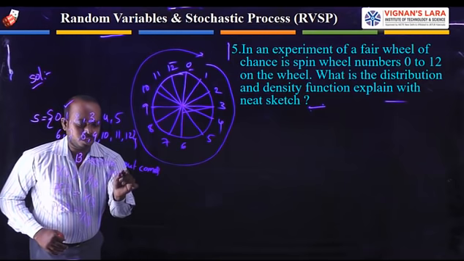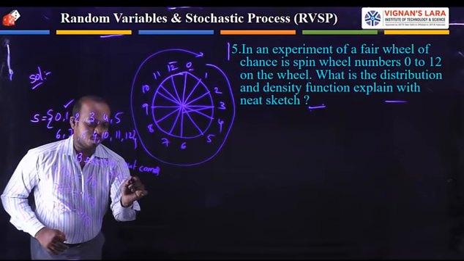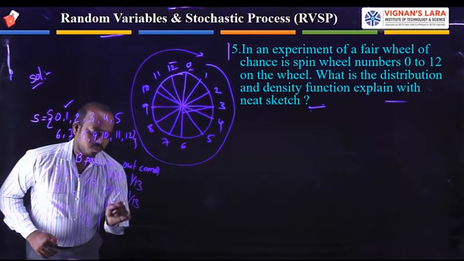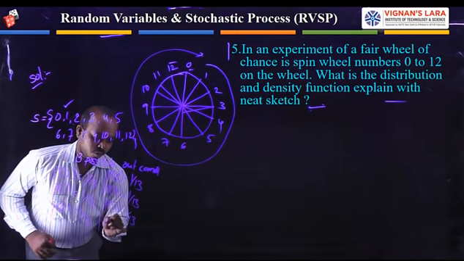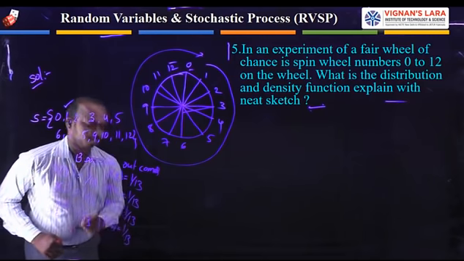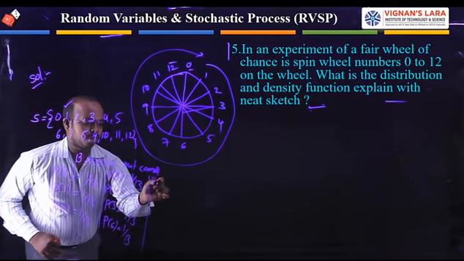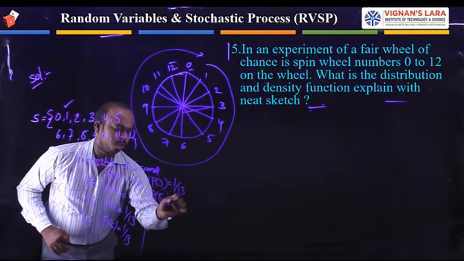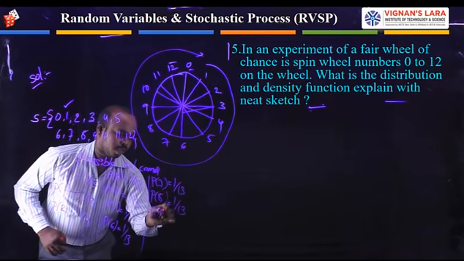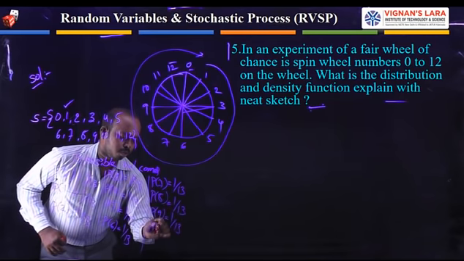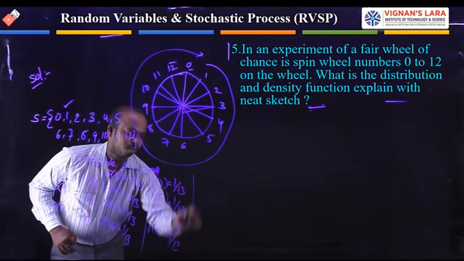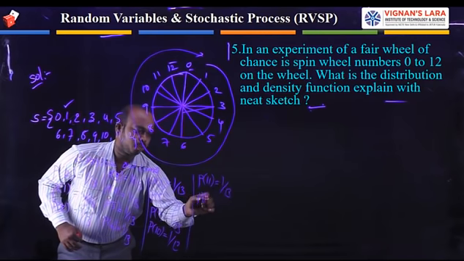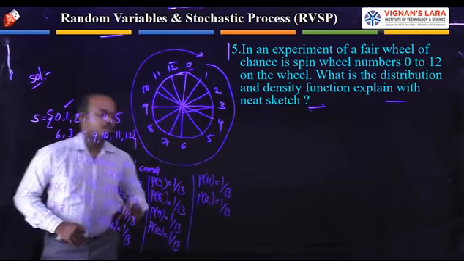The probability of 3 is equal to 1 by 13, the probability of 4 is 1 by 13, the probability of 5 is 1 by 13, and the probability of 6 is 1 by 13. Similarly, for the remaining elements, the probability of 7 is 1 by 13, 8 is 1 by 13, 9 is 1 by 13, 10 is 1 by 13, 11 is 1 by 13, and 12 is 1 by 13.